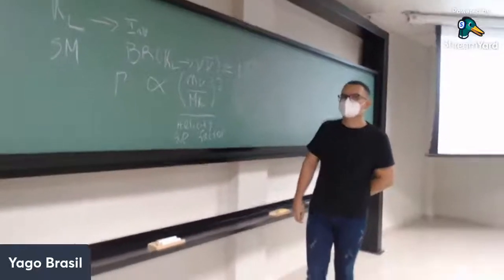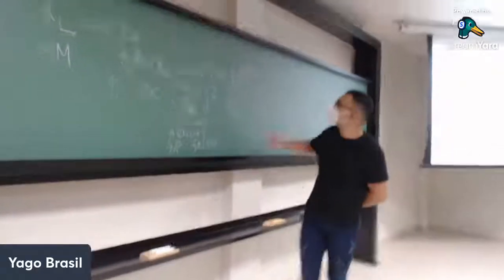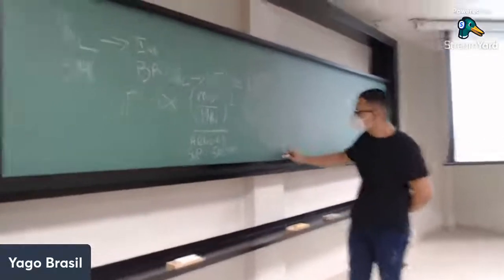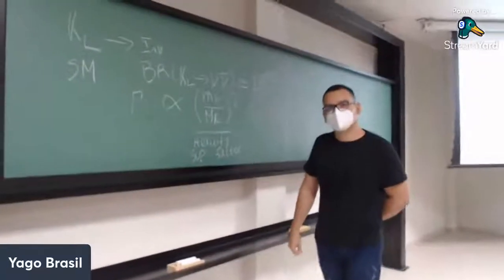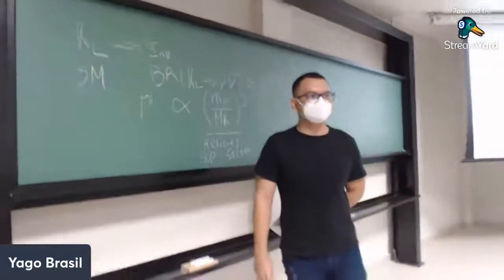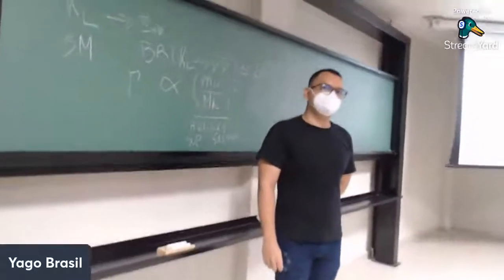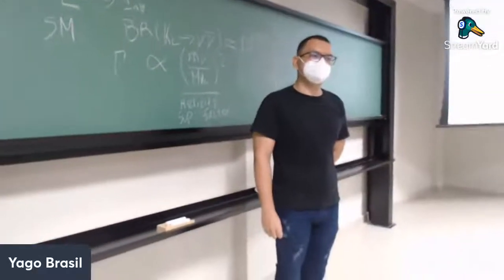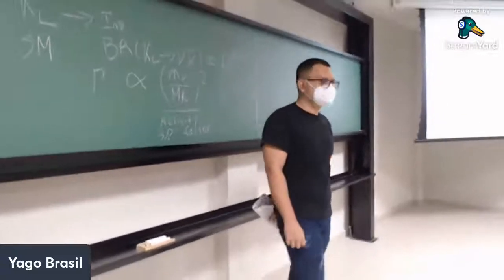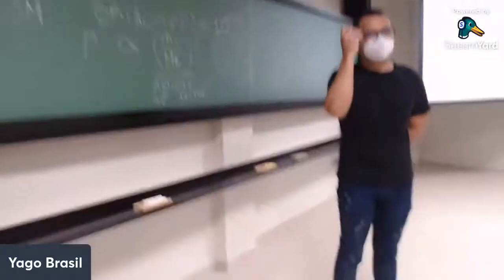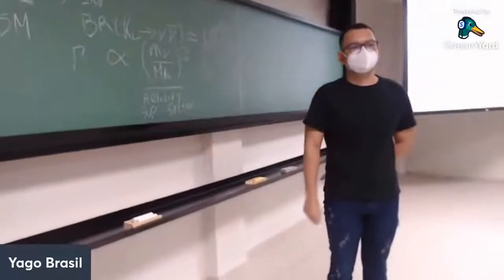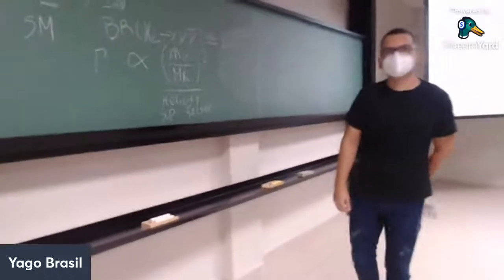So how am I supposed to probe the existence of Yago? The LHC cannot probe this because it's not an appropriate collider for this. Say we have a new fundamental force in nature, and this new force is Yago. Yago is light, so I cannot probe Yago at the LHC.